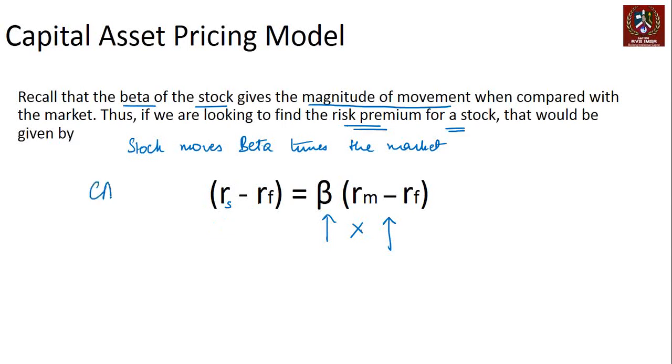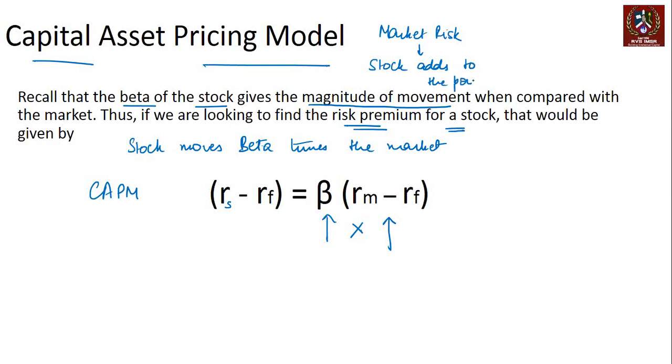This principle is what is called the capital asset pricing model. This is one of the basic tenets of finance. Remember, beta is assumed to be the risk, the market risk. It's assumed to be the market risk or undiversifiable risk that a stock adds to the portfolio, right?